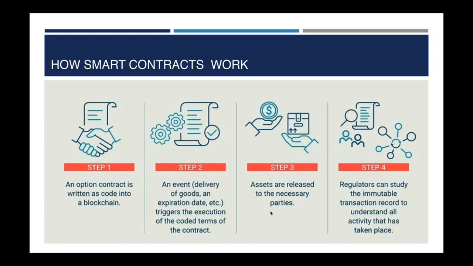Step 3, which will lead to transfer of assets from one party to another in the network. Step 4, since these transactions, like all the transactions, are stored in an immutable data structure, which is blockchain, any regulator can verify this transaction.